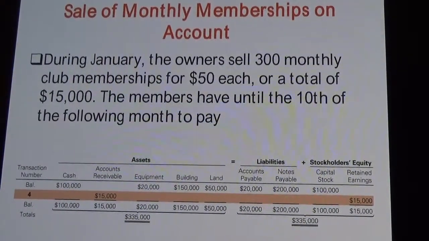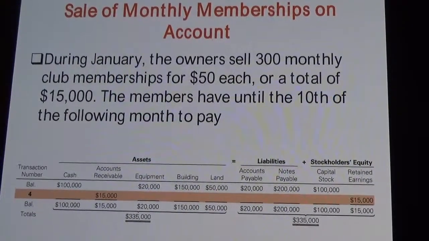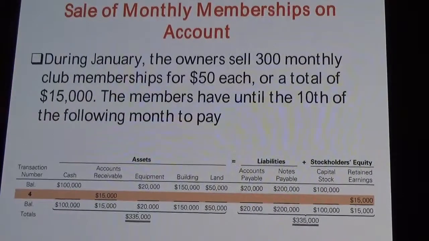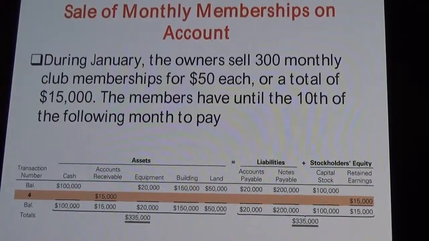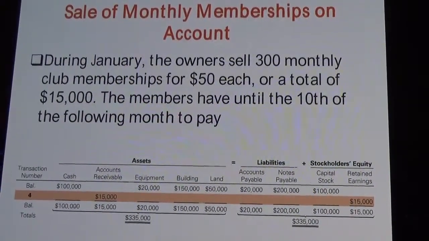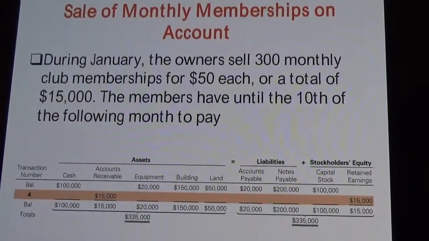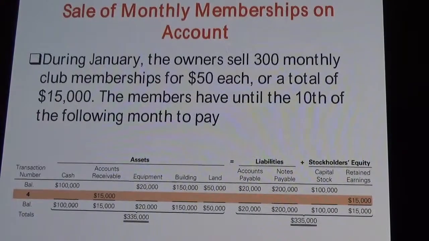And so we're only looking at the balance sheet effect of this, so we have to remember that revenue flows through to net income, which flows through to retained earnings. And so that's where you see this $15,000 being added to our retained earnings here on our accounting equation.